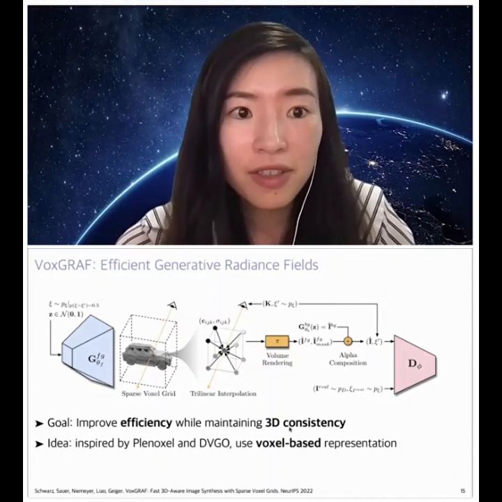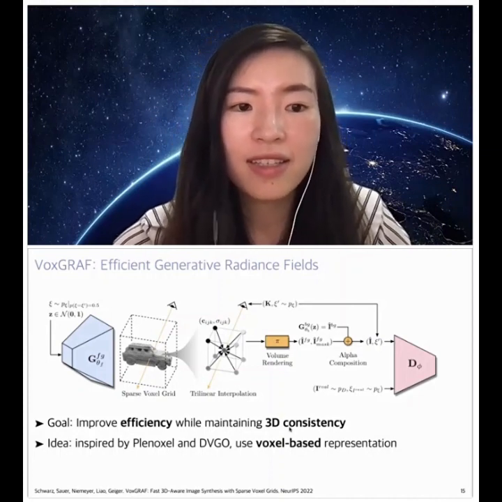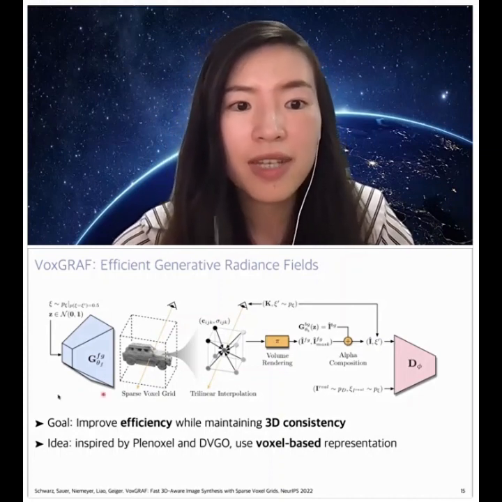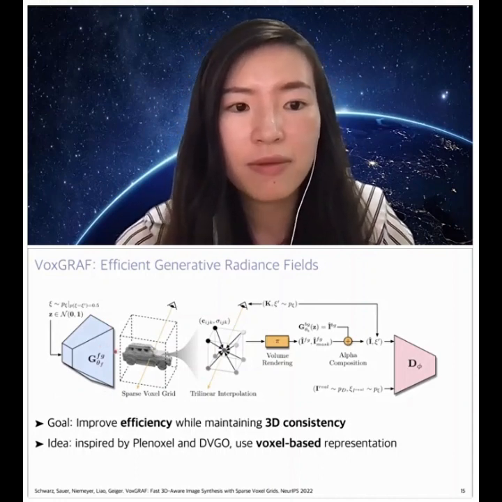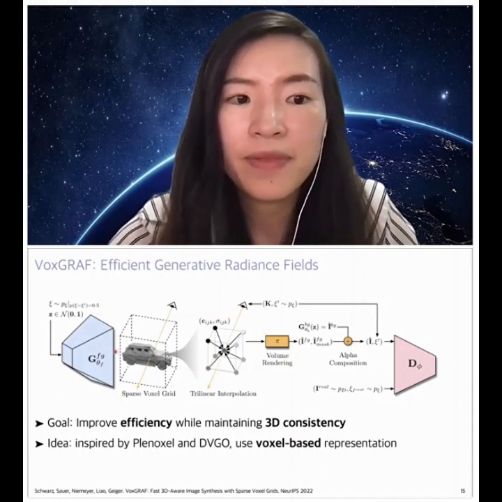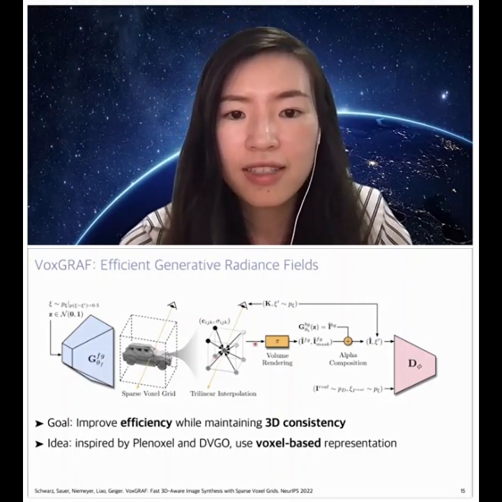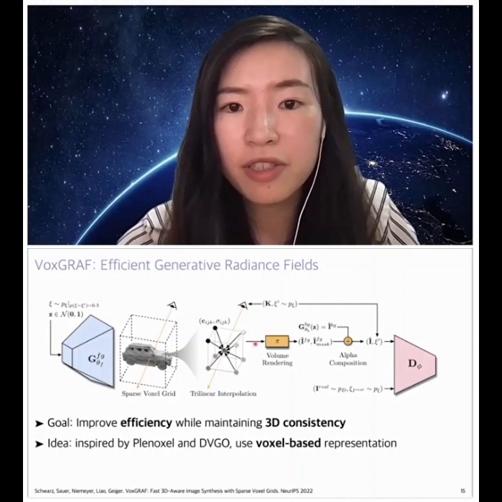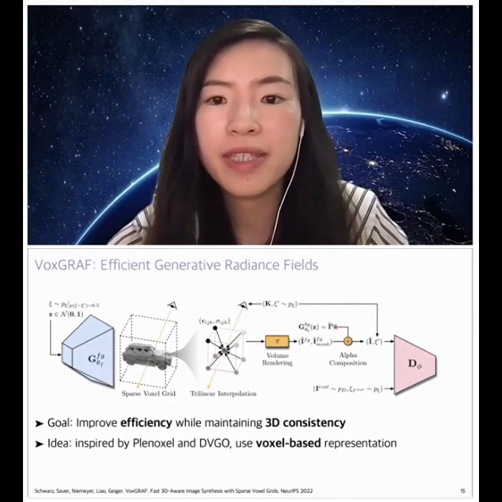So here we also use the voxel grid to represent the scene. And then instead of using an MLP to generate the scene, this voxel grid is generated with a 3D convolutional neural network. And then with the generated voxel grid, we are able to efficiently render an image with volume rendering.